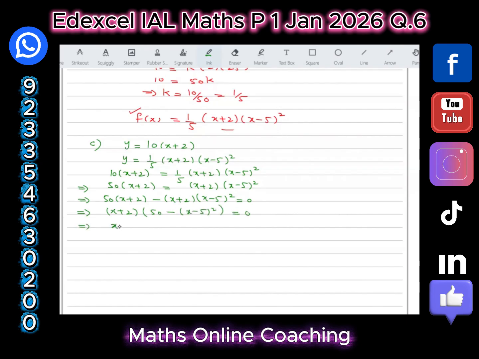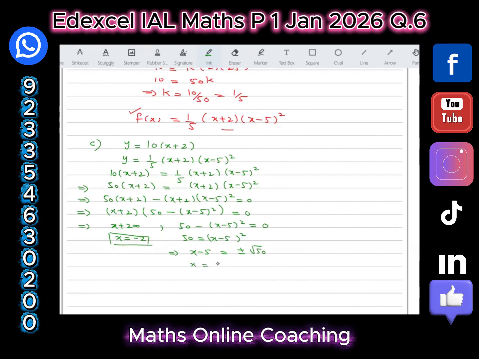Now either x + 2 is equal to 0 or 50 minus (x - 5) whole squared is equal to 0. From the first equation, x is equal to -2. And from the second, 50 is equal to (x - 5) whole squared. Taking the square root, we have x - 5 is equal to plus or minus square root 50.